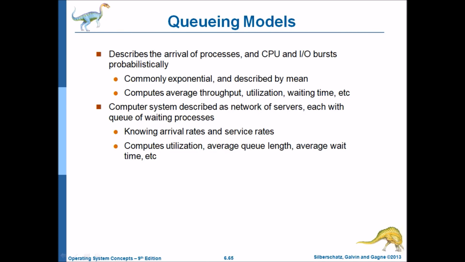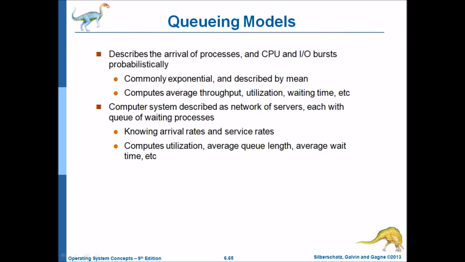These distributions can be measured and then approximated or simply estimated. The result will be a mathematical formula describing the probability of a particular CPU burst. Commonly, this distribution is exponential and is described by its mean.